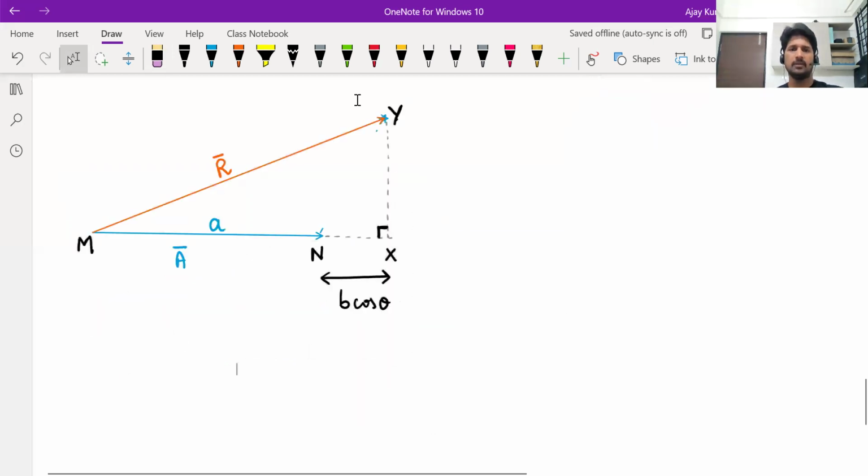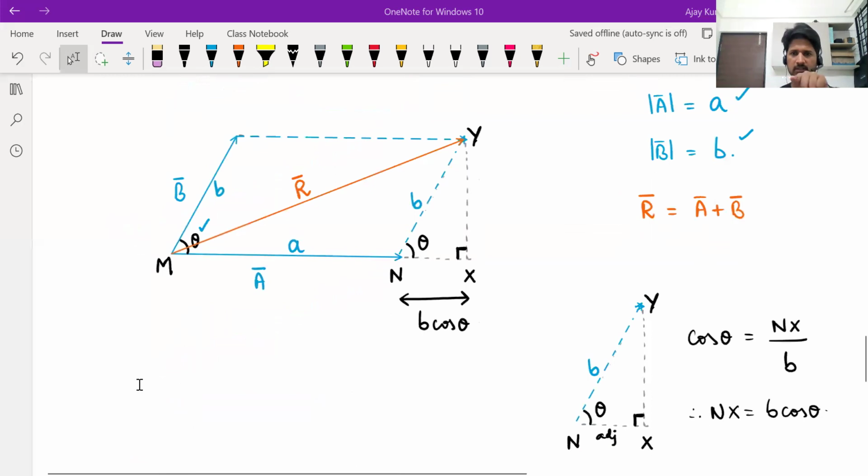Can any of you quickly tell me Pythagoras theorem? Sir, hypotenuse square is equal to opposite square plus adjacent square. Correct. The square of hypotenuse is equal to the square of opposite plus the square of adjacent. We got B cos theta, but we didn't get the other side.